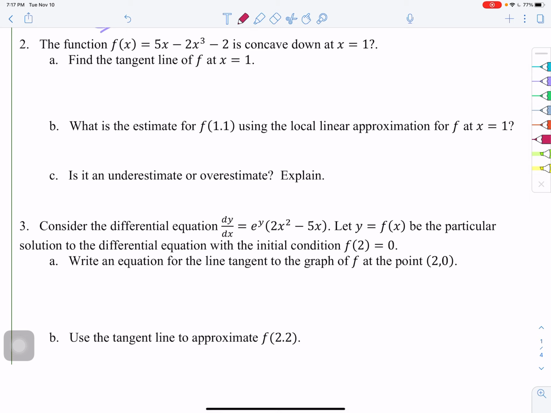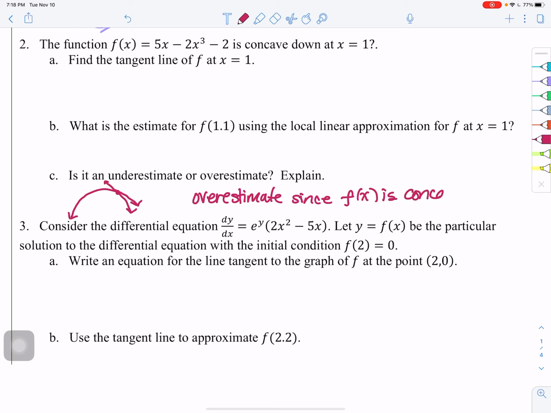So before we do anything, if I have a concave down function, and let's just say this is my tangent line, you can already see this is going to be an overestimate since f of x is concave down. Okay? We've already answered C. We weren't even starting yet, okay?